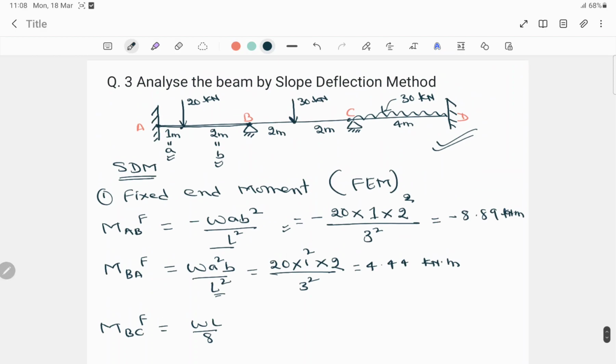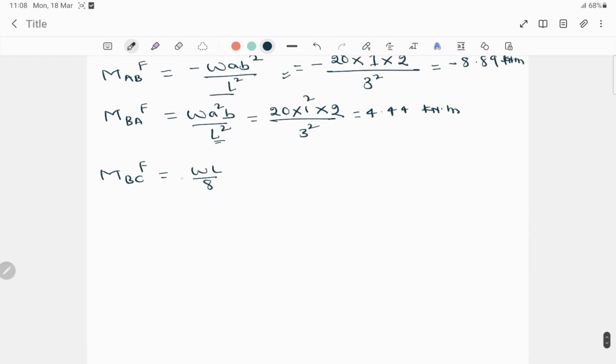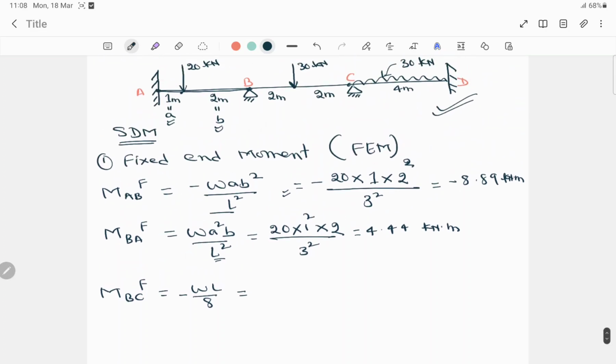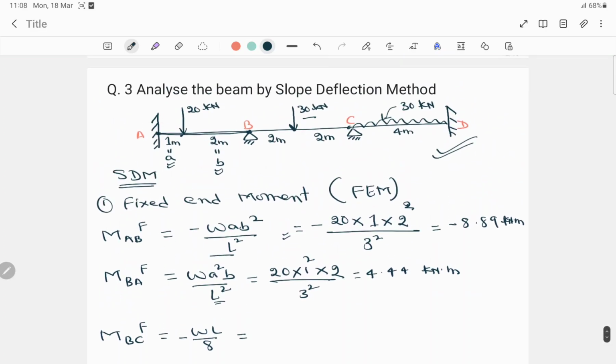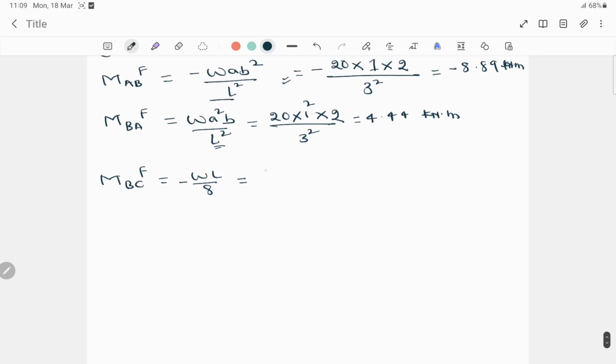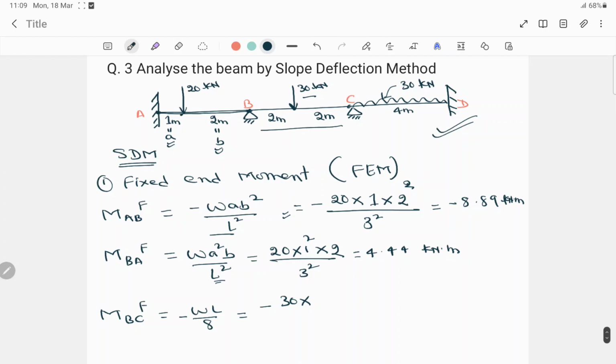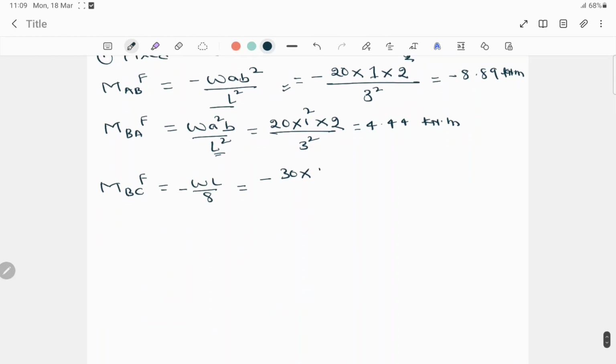When we solve from B to C, that means from left to right, the formula will be negative. Here we put the values: W is 30, so minus 30 into L, the total length, is 4, divided by 8, is equal to minus 15 kilonewton meter.